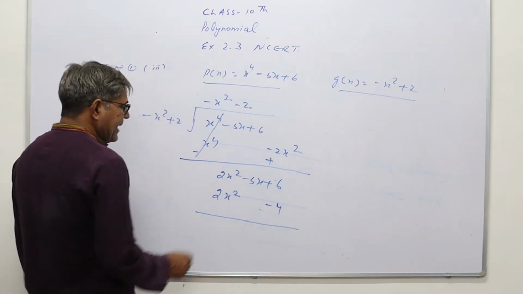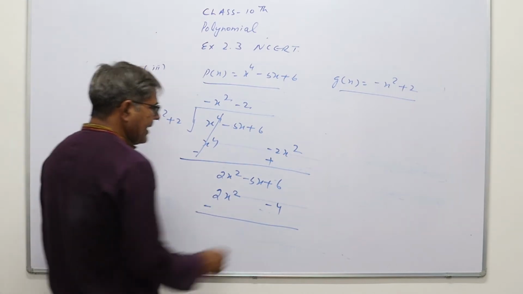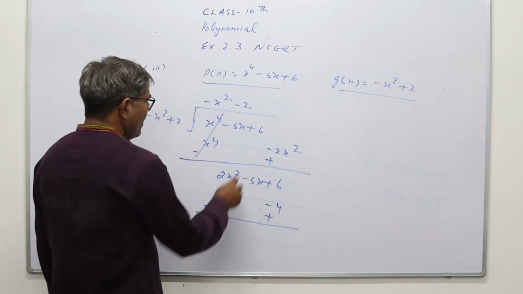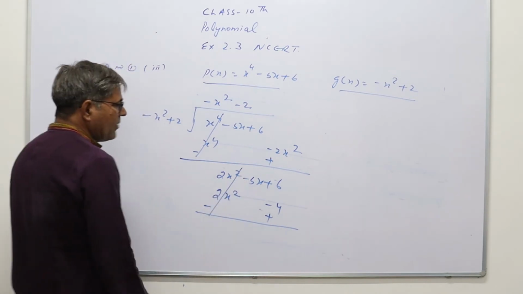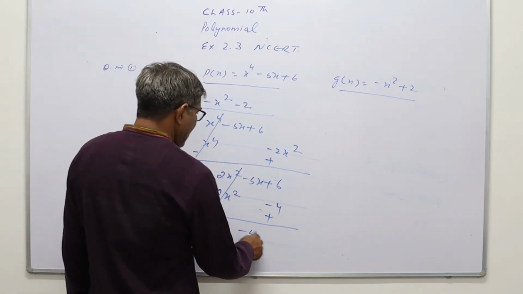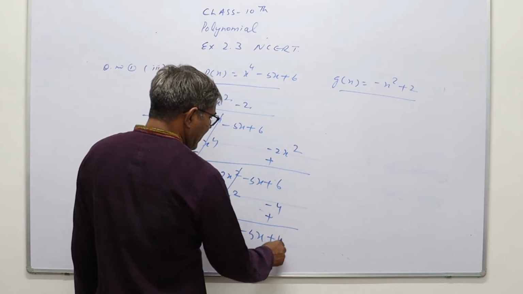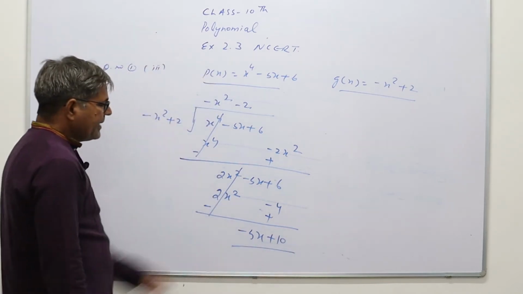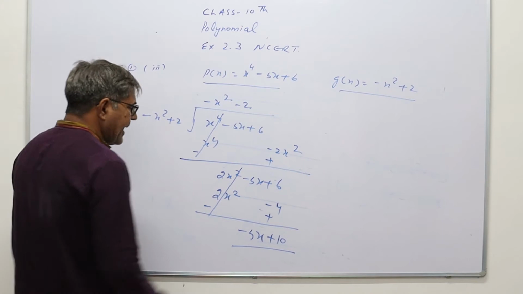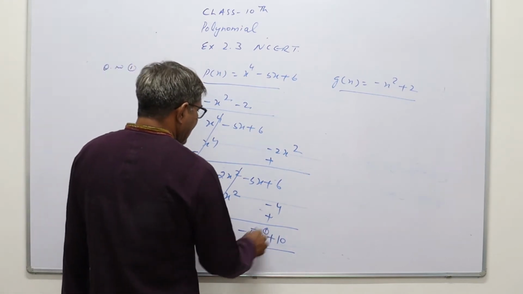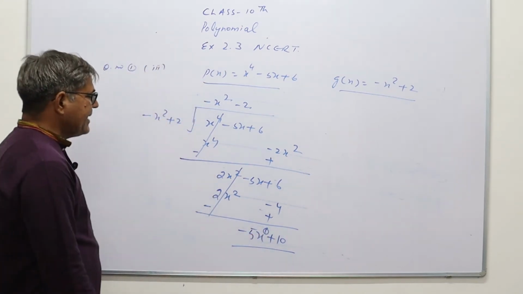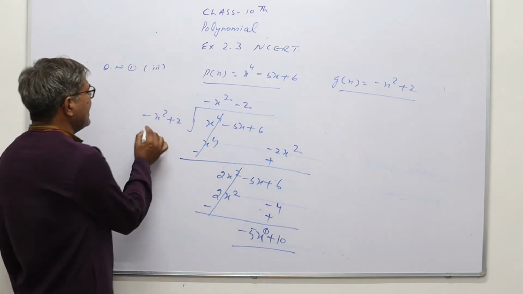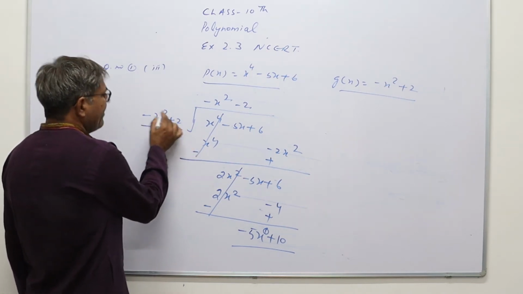Again on subtracting, change the sign, so this is minus and this will be plus. So this will cancel out. Remaining will be minus 5x plus 10. See, this is the remainder because its highest degree is 1. And now the next division is not possible because the highest degree of the divisor is 2.